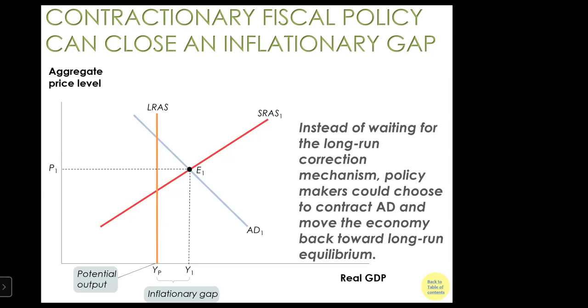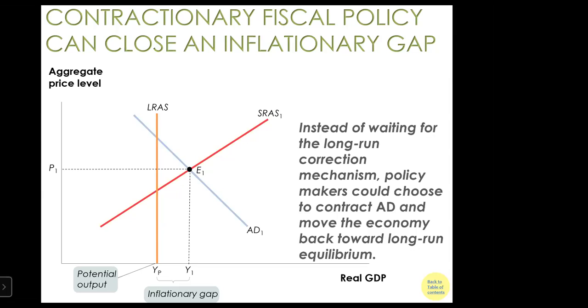This is going to lead to low unemployment in the market, and the market is going to adjust by raising nominal wage. Higher nominal wage will push down the aggregate supply, and eventually the economy is going to restore to long run equilibrium.